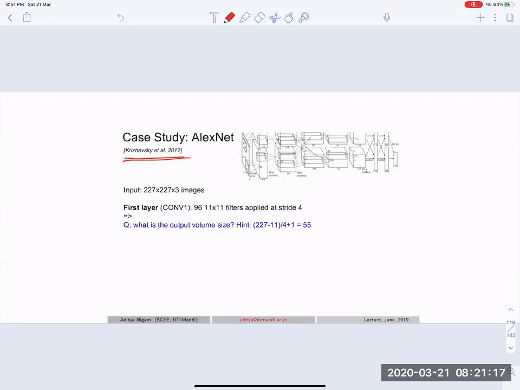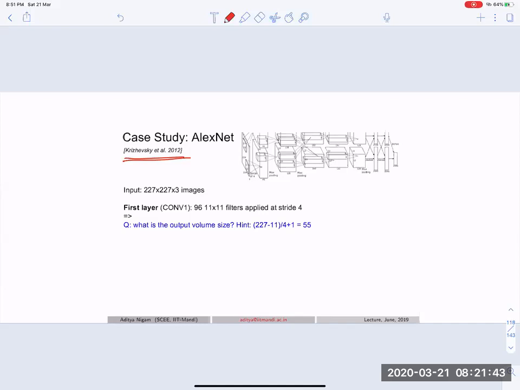In 2012, they came up with one of the best architectures, AlexNet. As compared to the new architectures, it's a very small network, but at that point of time, compared with LeNet, it was a deep network. That's why they started to call this stuff deep learning.